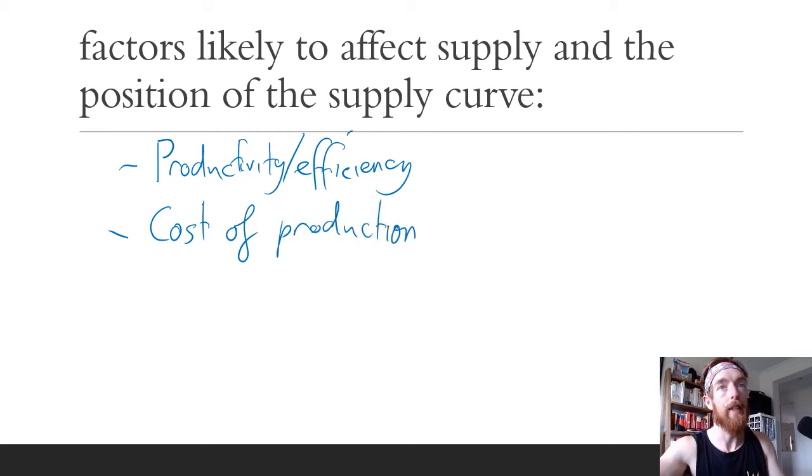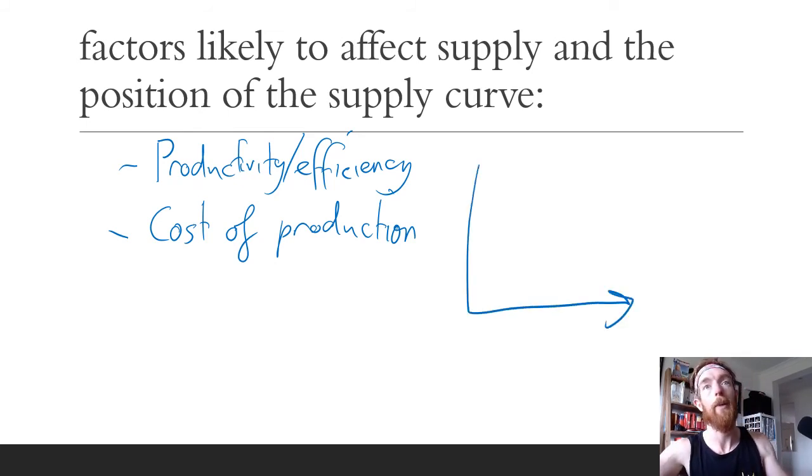The ones listed in the study design, climate change, well, that's going to affect your productivity because either you can't work or it's going to affect your cost of production because resources become more expensive. No matter what supply side factor you're talking about, like an increase in business tax, well, that's going to lead to the cost of production being higher, which makes businesses less likely to want to produce. So these are anything other than sales price that create a whole new supply curve.